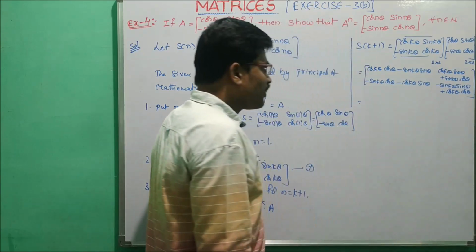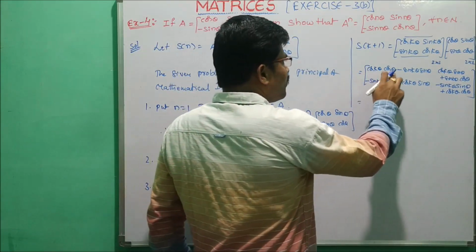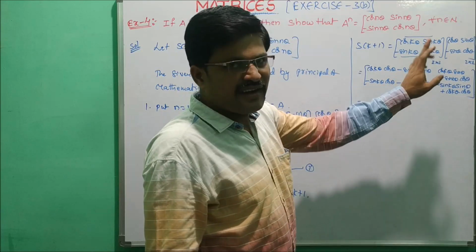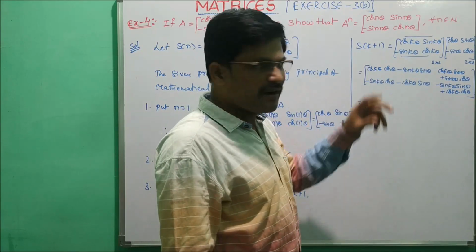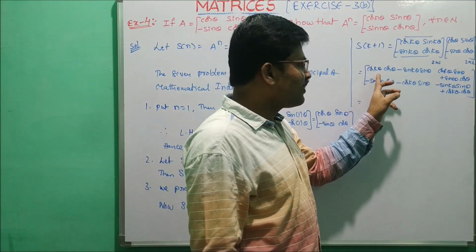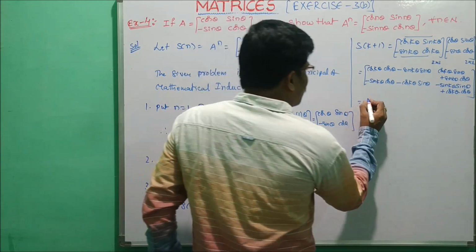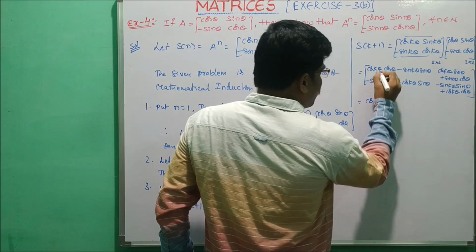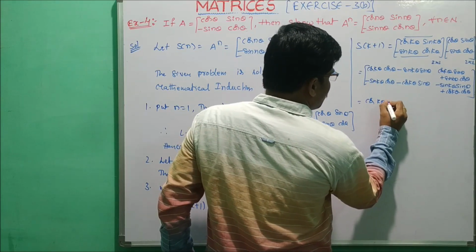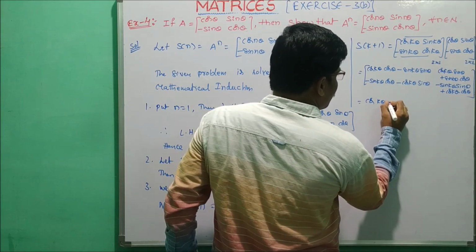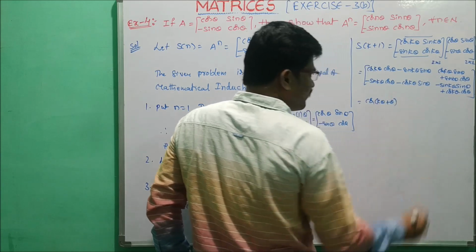So clearly we have to observe this is of the form cos A cos B minus sin A sin B. In trigonometric ratios the formula is cos A cos B minus sin A sin B, that is cos of A plus B. So A means k theta, B means theta, so k theta plus theta.